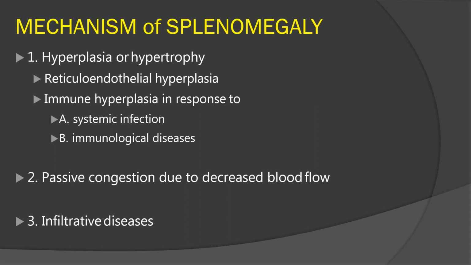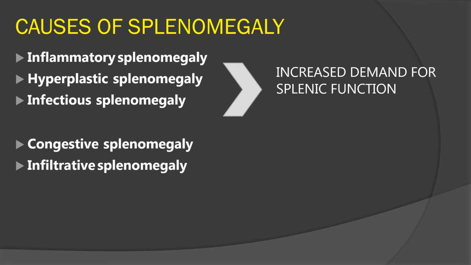Passive congestion due to decreased blood flow, and infiltrative diseases. Causes of splenomegaly: inflammatory splenomegaly, hyperplastic splenomegaly, infectious splenomegaly, congestive splenomegaly, and infiltrative splenomegaly.